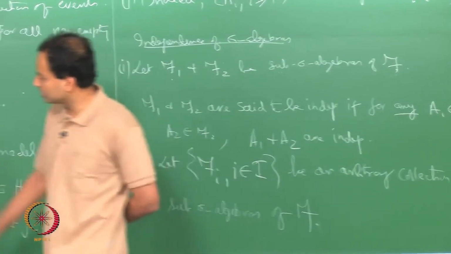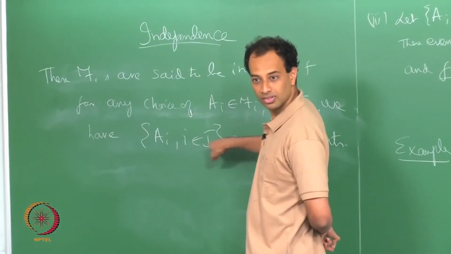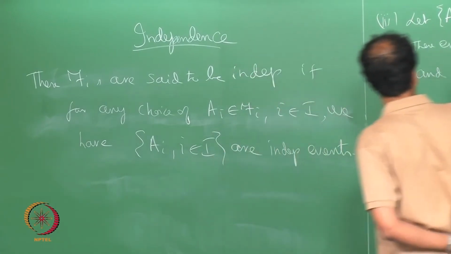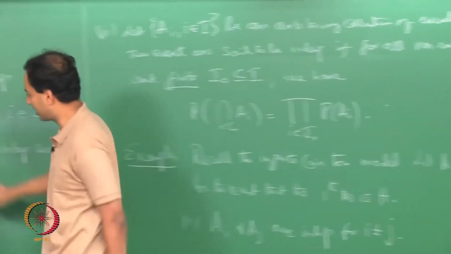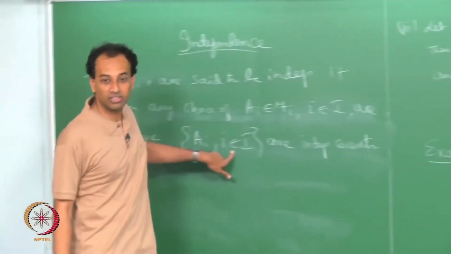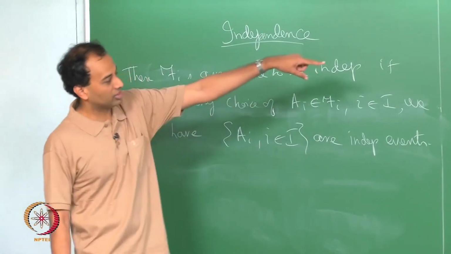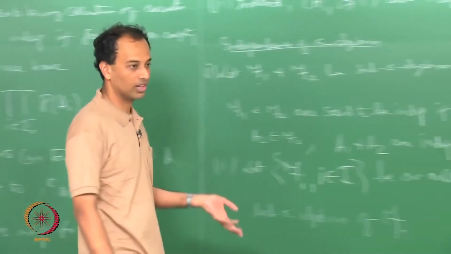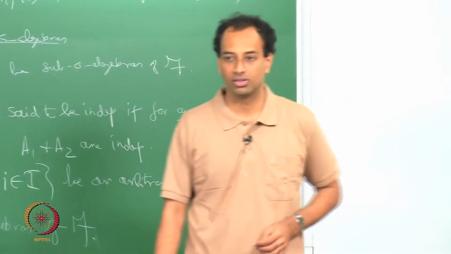Okay. And what is the meaning of this? I have to go to this, right. So, this could be an infinite collection or even an uncountable collection. So, I go back to that definition and say for every finite I naught I have this holding. Okay. So, you have this hierarchy of definitions.